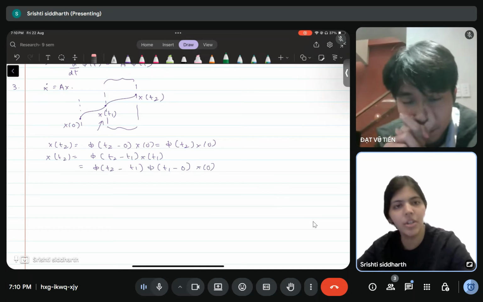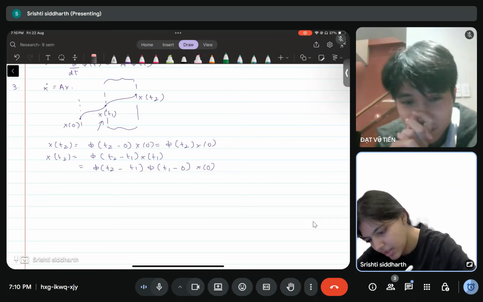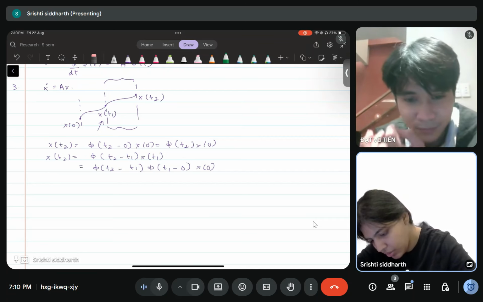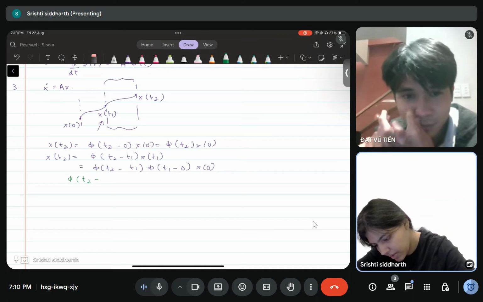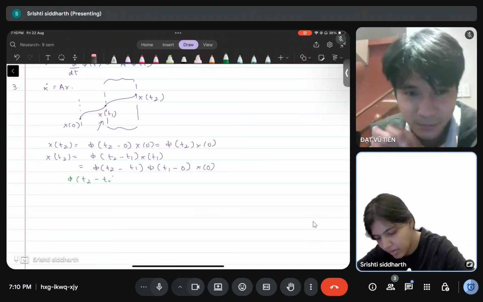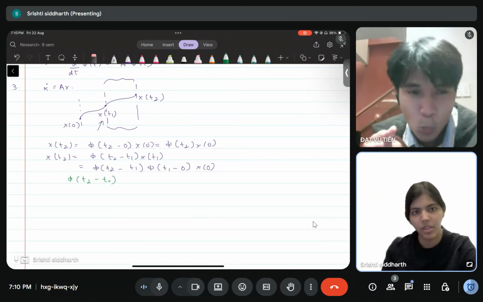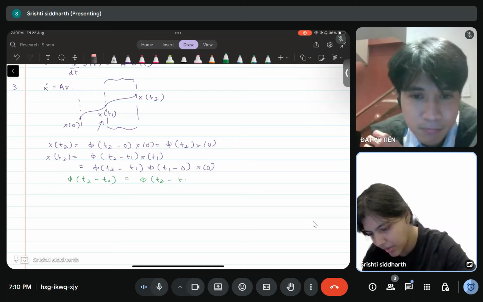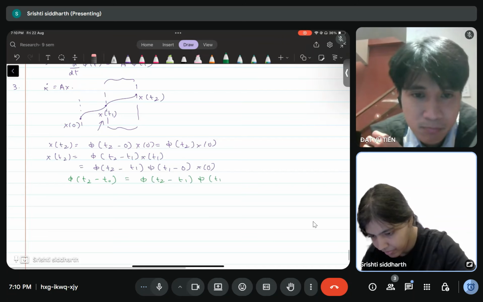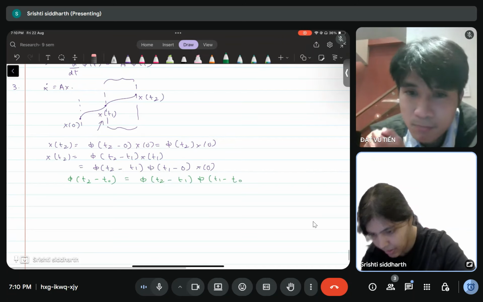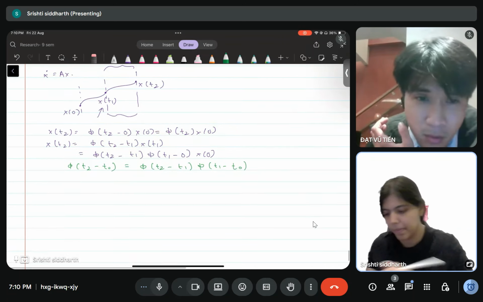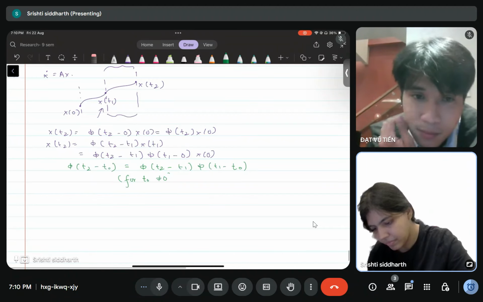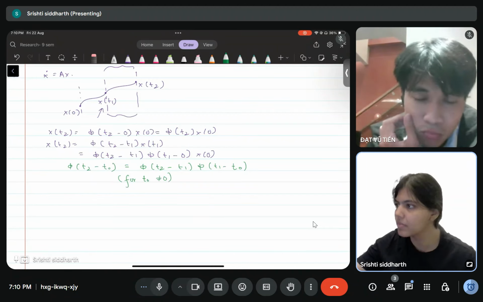So the actual relation between the state transition matrices, in case t0 is not 0, is that phi of t2 minus 0 equals phi of t2 minus t1 times phi of t1 minus 0.